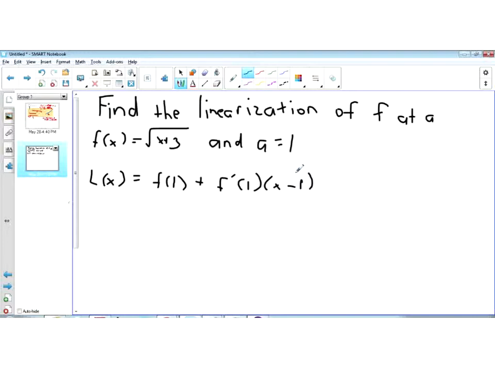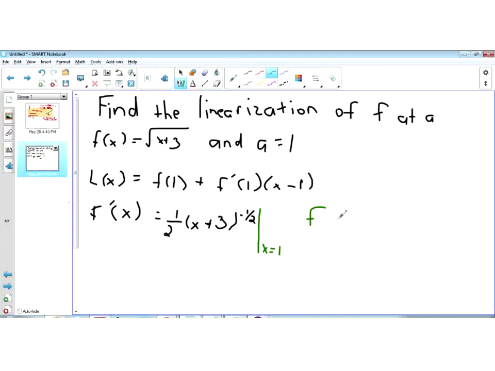And so I guess we can calculate the derivative. What is f prime of x? We use the power rule for differentiation, so it would be 1/2 times x plus 3 to the negative 1/2. So that's the derivative of f, and then we evaluate at x equals 1.